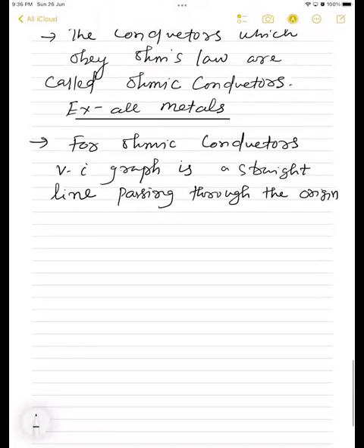That means, see here, students, I have taken V, voltage, on the dependent axis and I, current, on the independent axis. This is the slope, right?